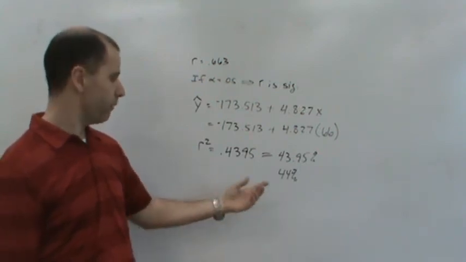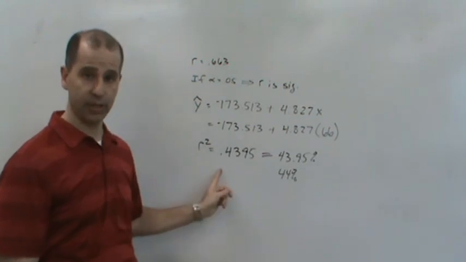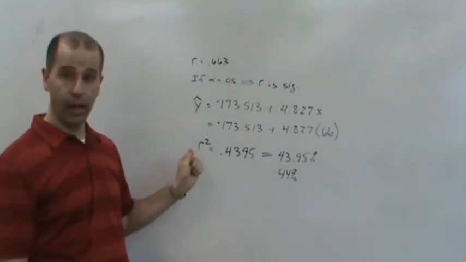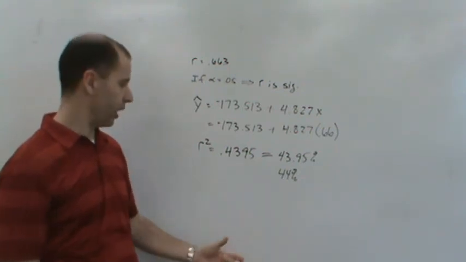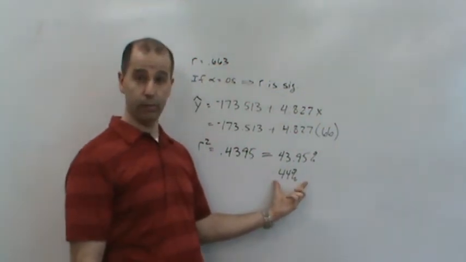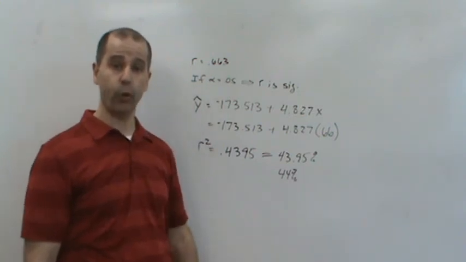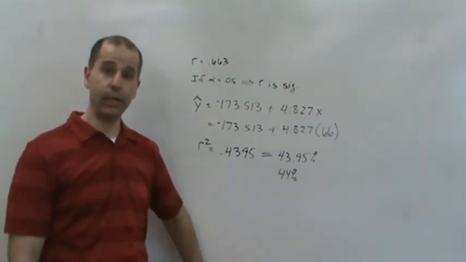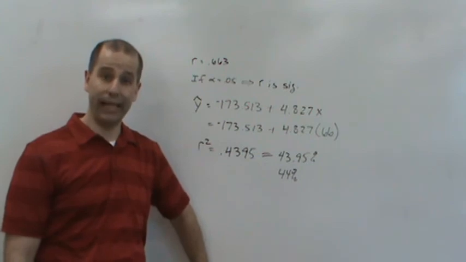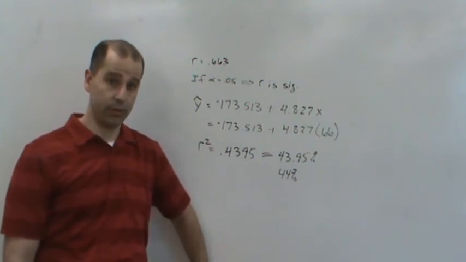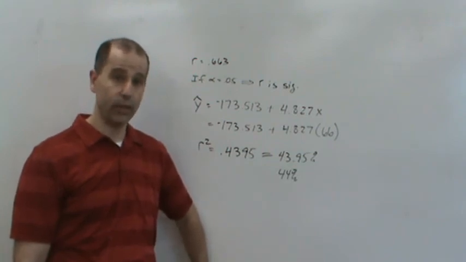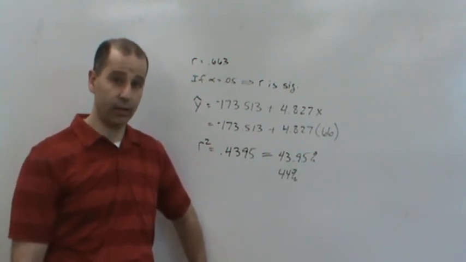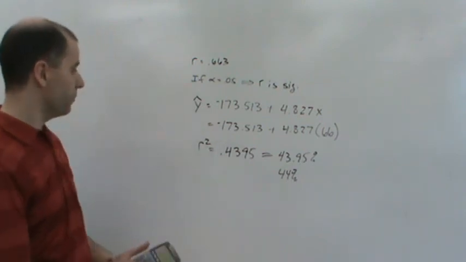In other words, 44% of the variation that we see in Y is explained by the model. So in other words, this is not a very good model, because it only explains 44% of the variation that we see in the Y data, in the final exam scores. Okay? So this is not a very good model at predicting what somebody is going to get on the final exam. Make sense? Okay. So that is regression.